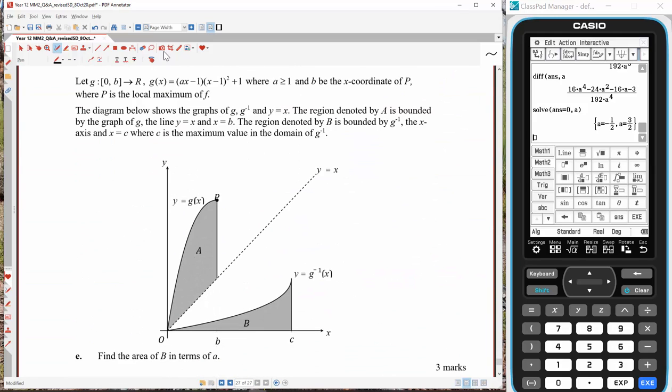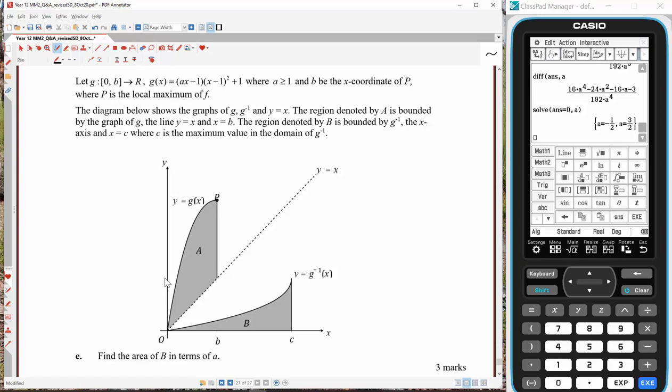All right, let g, so here's g, it's a different function. No, it's the same function. Chopped at a point B here, where A is greater than or equal to 1 now, and B be the x-coordinate of P, where P is the local maximum of f.